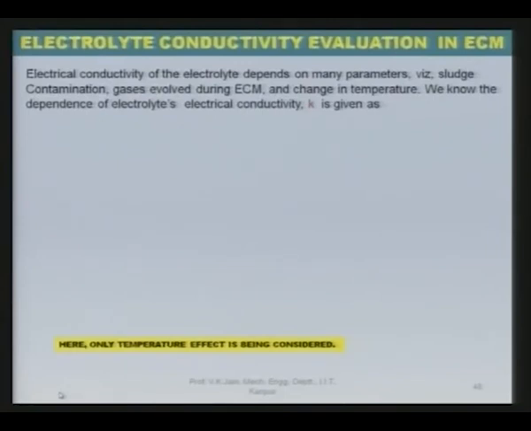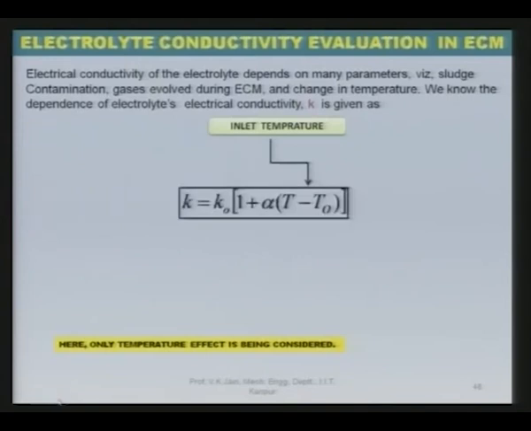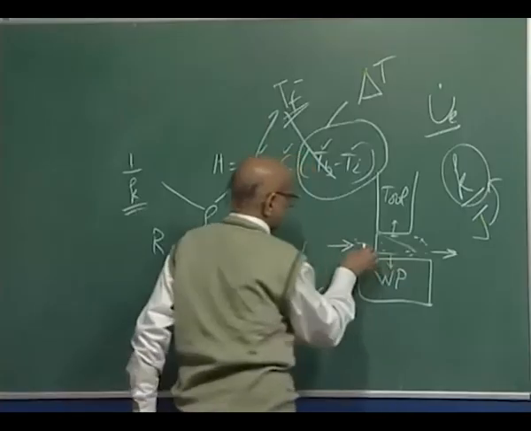Electrical conductivity of the electrolyte depends on many parameters: sludge contamination, gases evolved during electrochemical machining, and change in temperature, that is capital T. We know the dependence of the electrolyte's electrical conductivity K is given as K equal to K0 multiplied by (1 plus alpha (T minus T0)). Here K0 is the electrical conductivity at the inlet point, where the electrolyte is entering at this particular point.